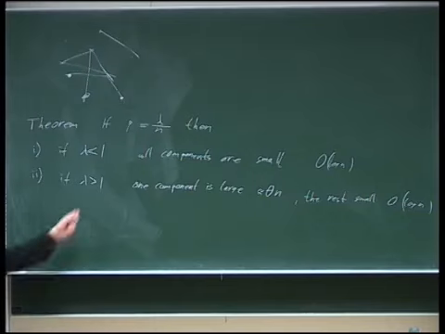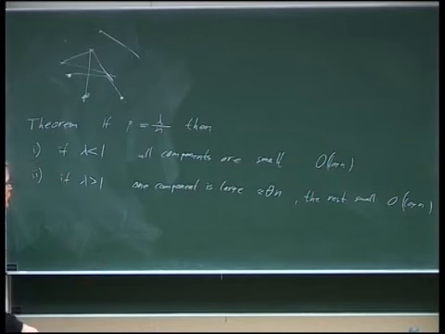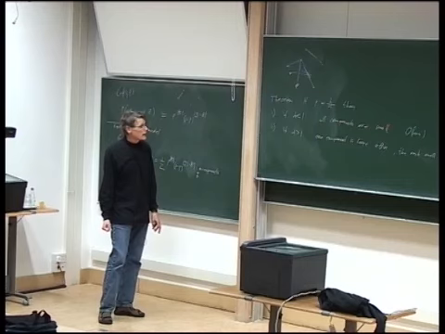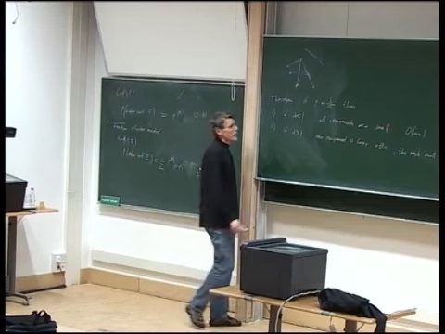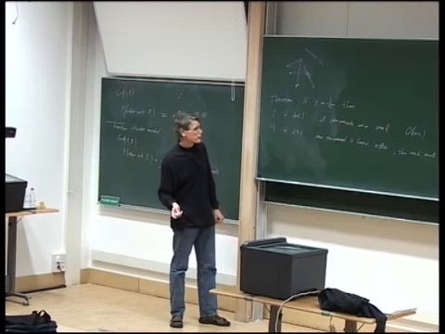If it is exactly 1 over n, then actually the largest component is like n to the 2/3, and there are several components of that size. One can study that in great detail, and I've contributed to that, as many others have. But the big picture is this: we have a kind of phase transition at lambda equals 1.